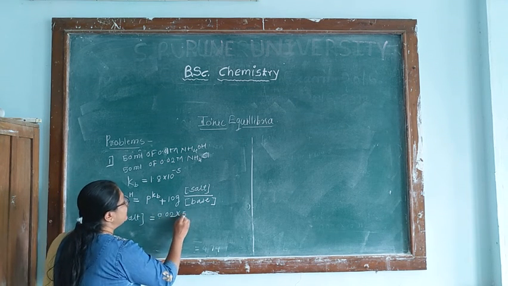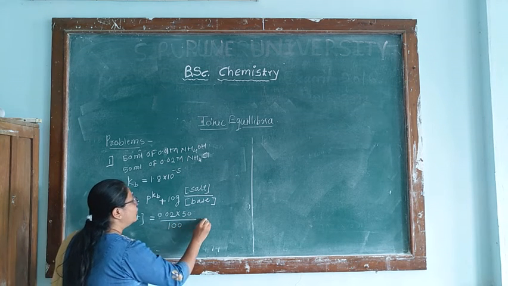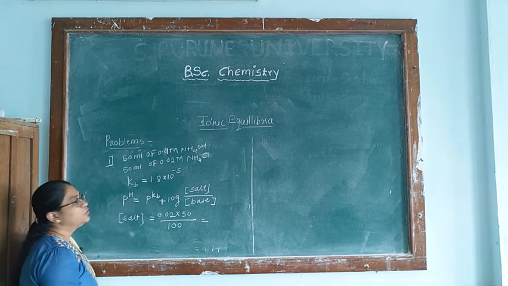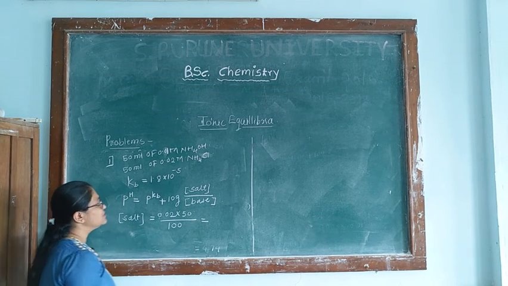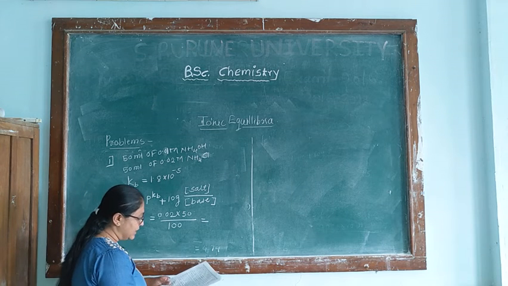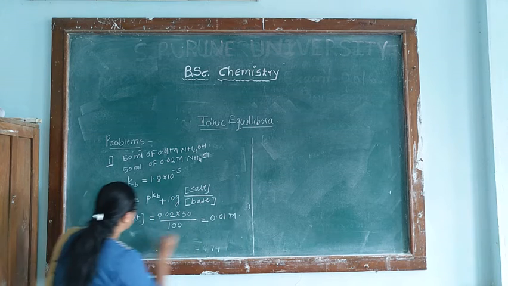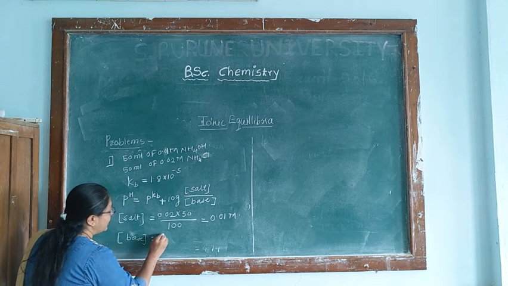How many ml of it are taken? 50, and the total volume of the solution, 50 plus 50, will be 100 ml. Therefore, the concentration of the salt in the mixture comes out to be 0.01 molar.